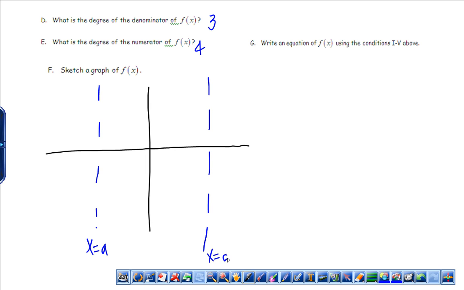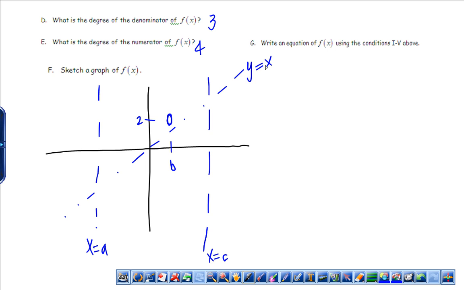B is a hole at 2, and it's smaller than C. So how about we say this is B, and it's a hole at 2. Remember, that is your hole. We have a slant asymptote at y equals x, and I think that's all we have.